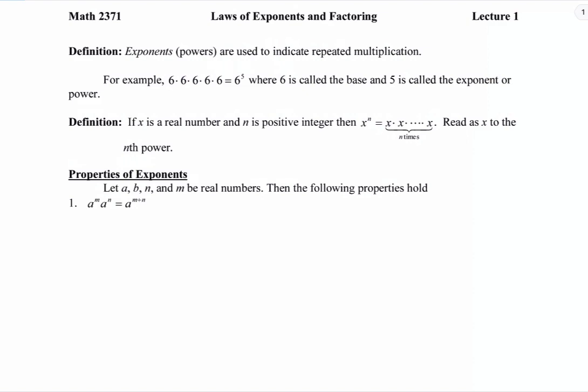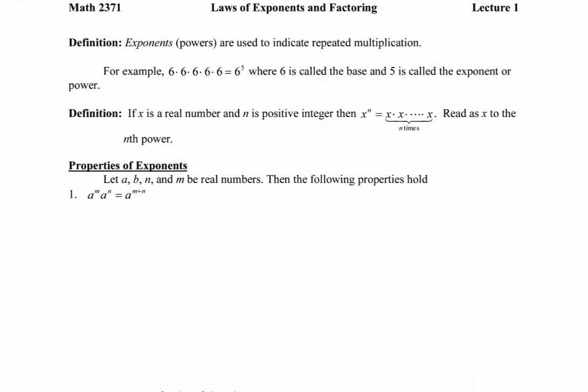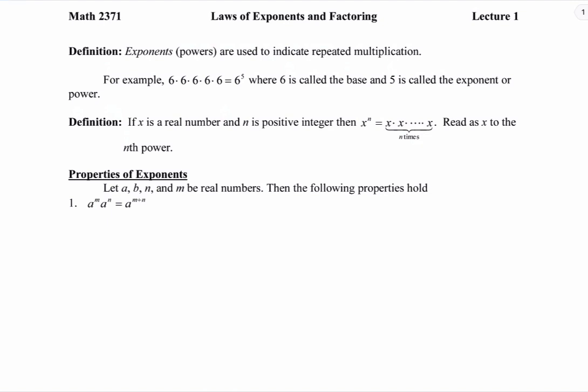We call the base 6. So we have 6 five times, and the base is 6 and the exponent is 5. Now if we wanted to say x to the n, then we would have x n times.